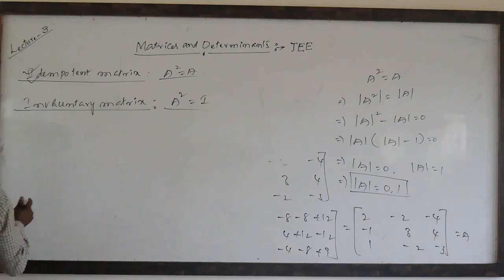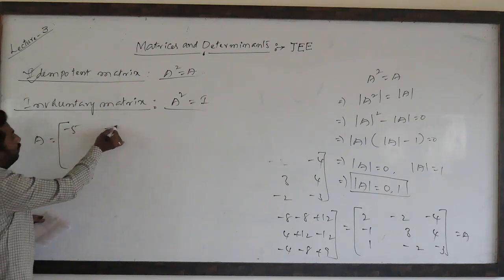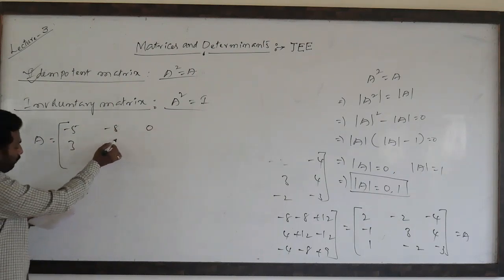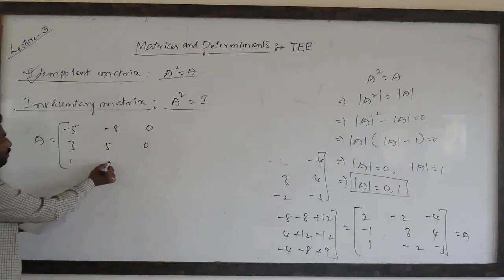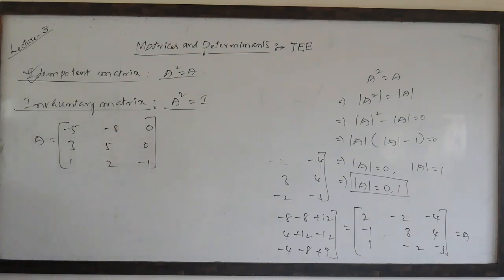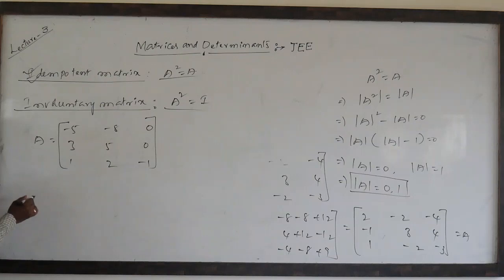Suppose A equal to minus 5, minus 8, 0; 3, 5, 0; 1, 2, minus 1. We have to check whether it is involutory or not. So first I am taking A square.